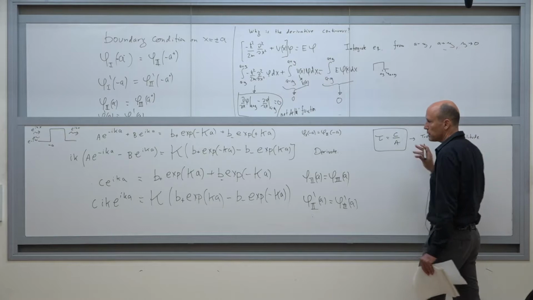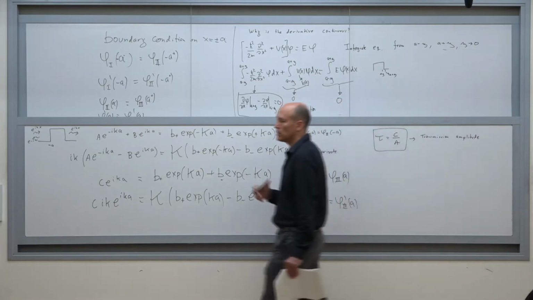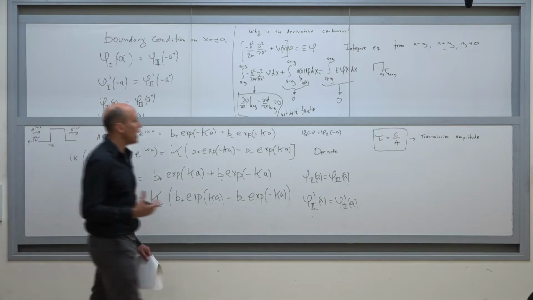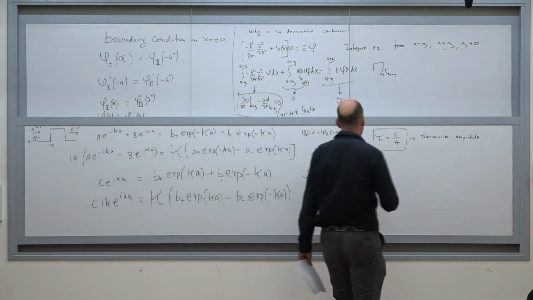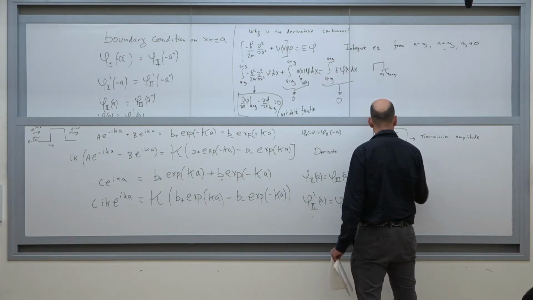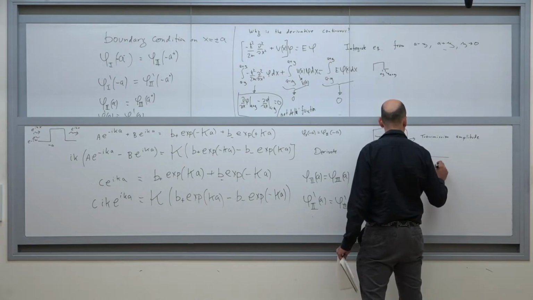It is a complex number. It has a strength, but it also has a phase. After you do that, what we really want is T, which is tau absolute value squared, because that is what we are after, C squared over A squared.